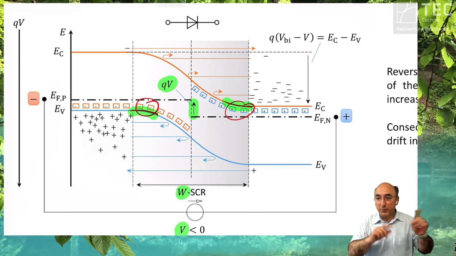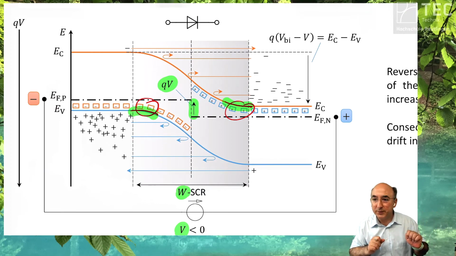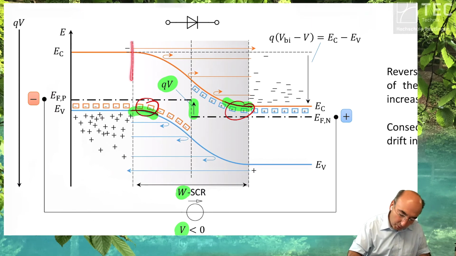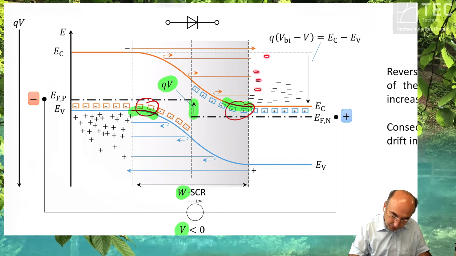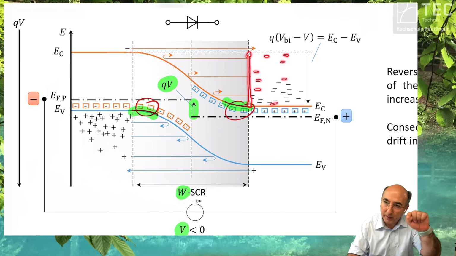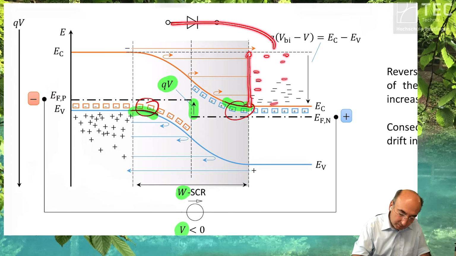This is again, we switch back to reverse bias. We have now more space charge region, a wider space charge region. And you see here, do you have any electrons which have enough energy in this sketch? Enough energy which can diffuse?